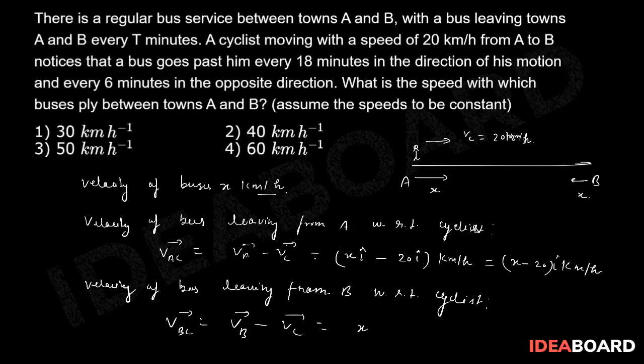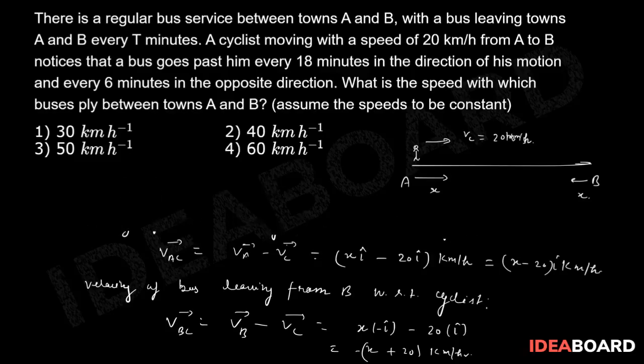Now vector VB is minus x i cap minus 20 i cap, which will be minus x minus 20 kilometer per hour. So now speeds can be written as: VAC mod will be x minus 20 and VBC mod will be simply x plus 20. So we got these two speeds.